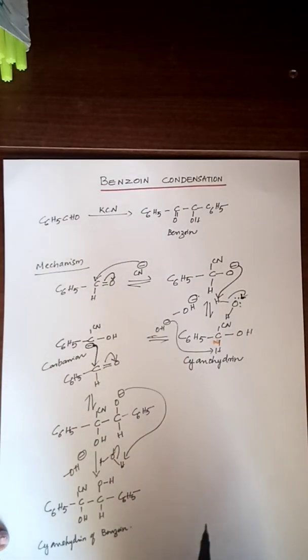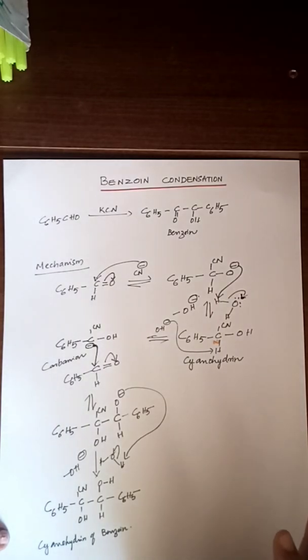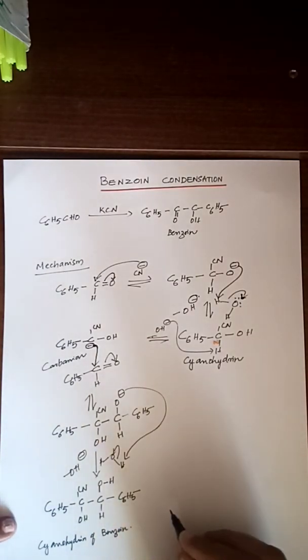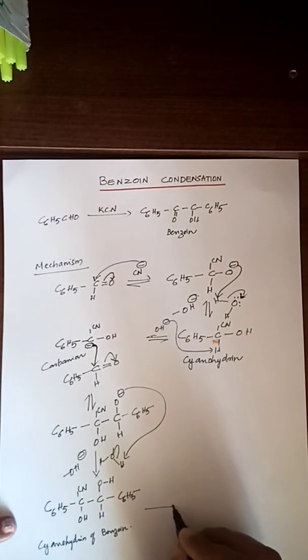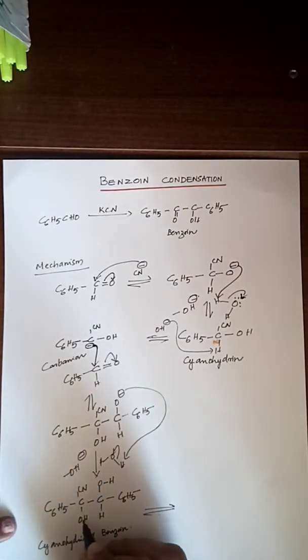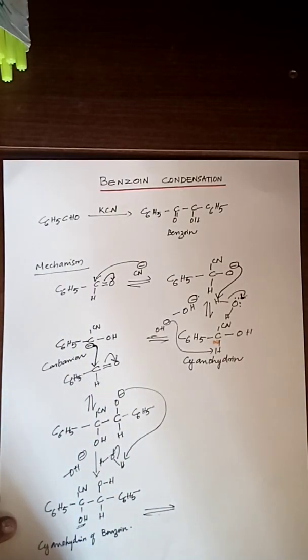Now the third step is the formation of benzoin from the cyanohydrin of benzoin. How is it formed? Again, in the presence of the base, a deprotonation will take place at this hydroxyl group.